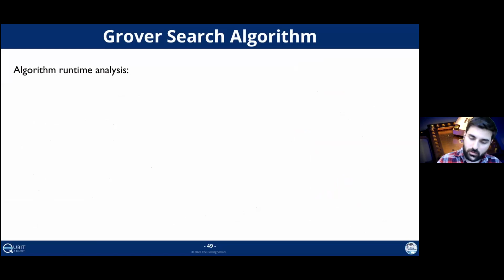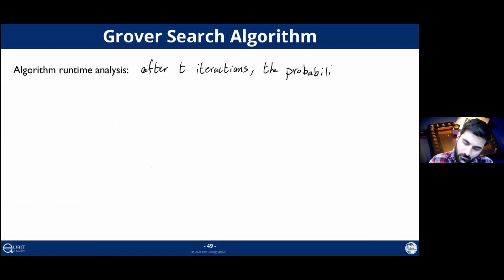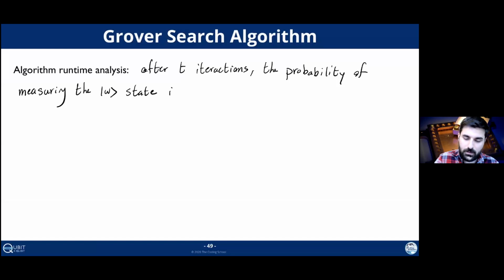So what I told you is that after t iterations, the probability of measuring the W state is, so it's going to be sine squared, because it's probability, so it's whatever amplitude that we had squared.